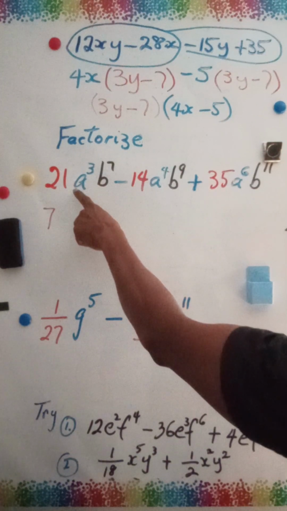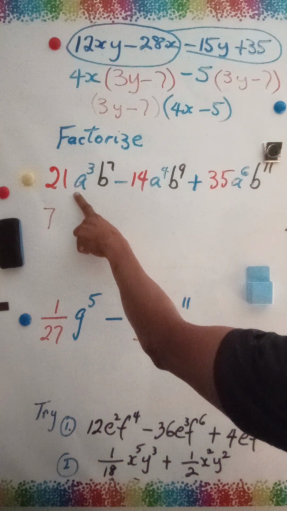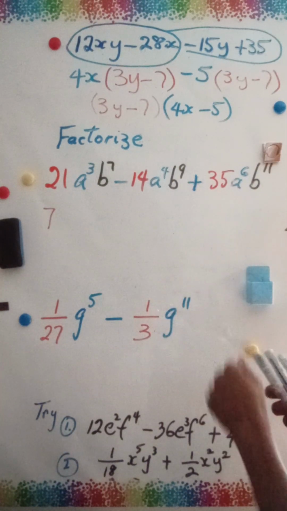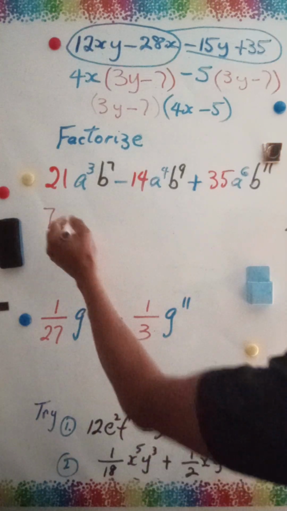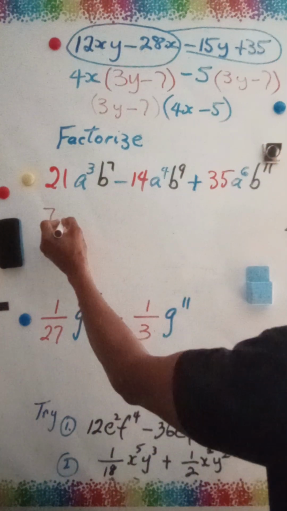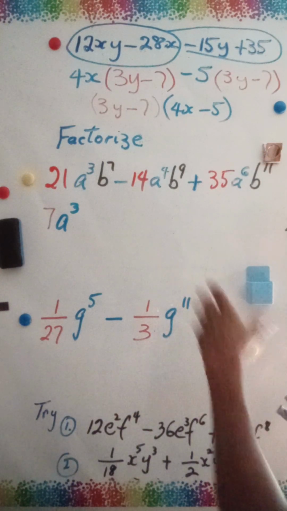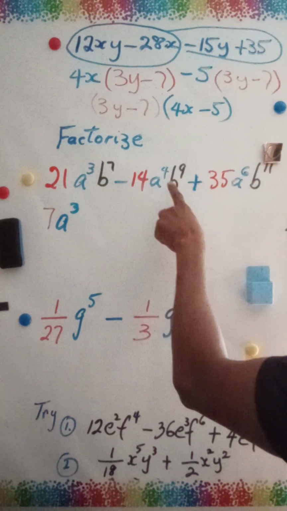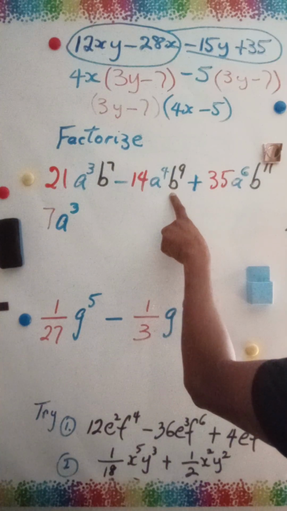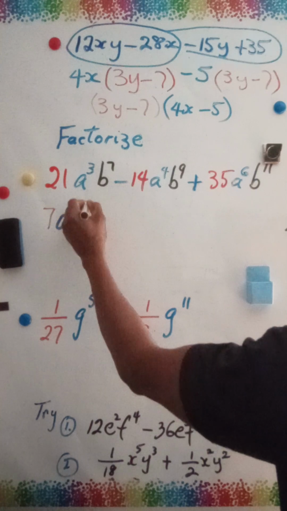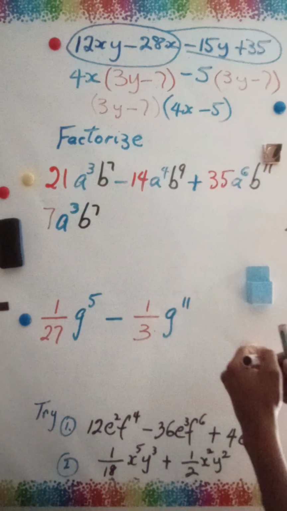And with the variables, the highest common factor for a cubed, a to the 4th, and a to the 6th is the one with the lowest exponent. So please note that. So that's a cubed, right? And in the b's now, the highest common factor for b to the 7th, b to the 9th, and b to the 11th is the one with the lesser exponent again. So we're going to have that.